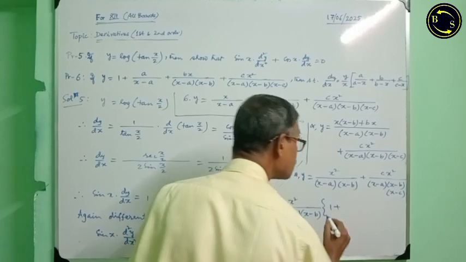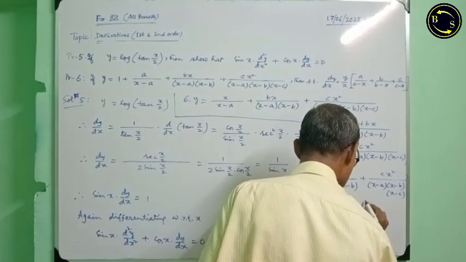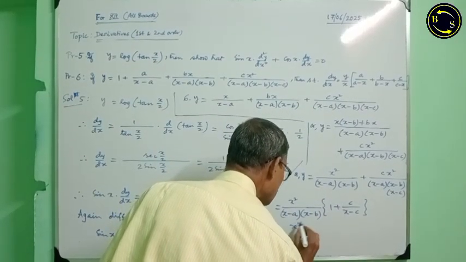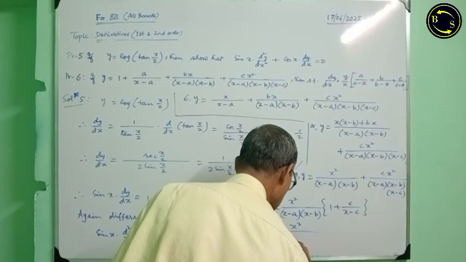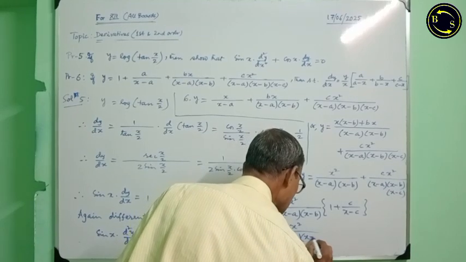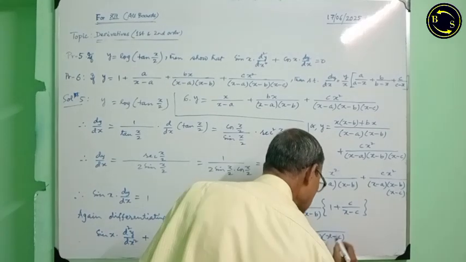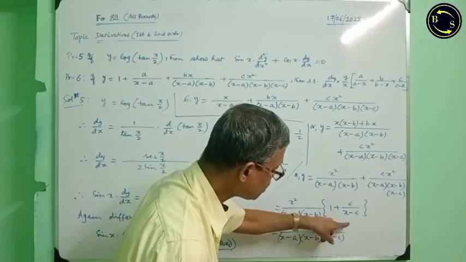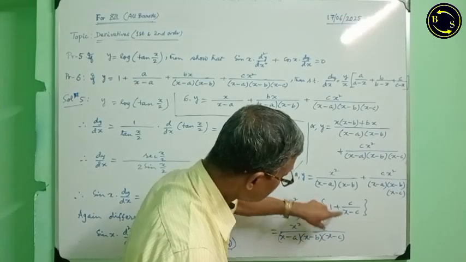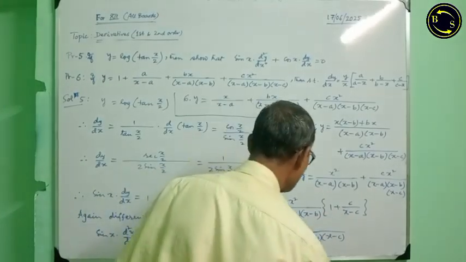One plus c by x minus c is equal to x square by x minus a, x minus b, x minus c into 1 plus c by x minus c. On simplification, c will be cancelled in the numerator, then there will be x.